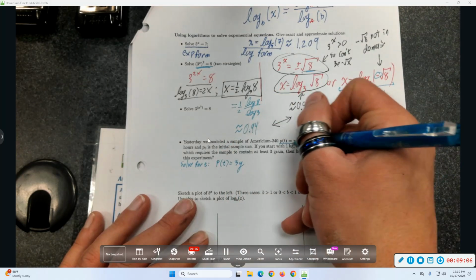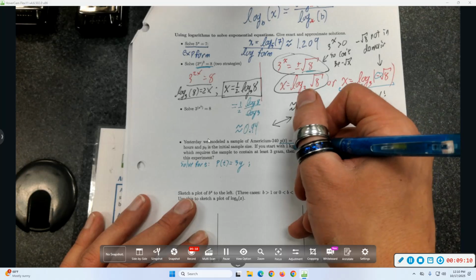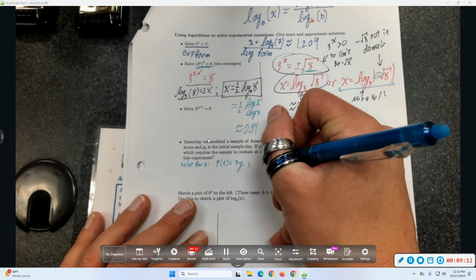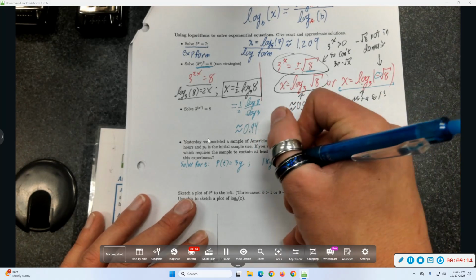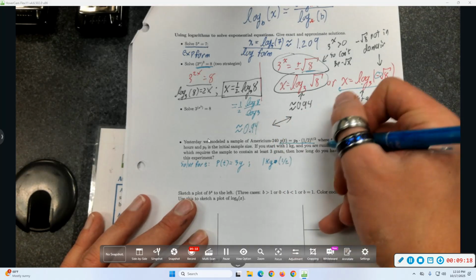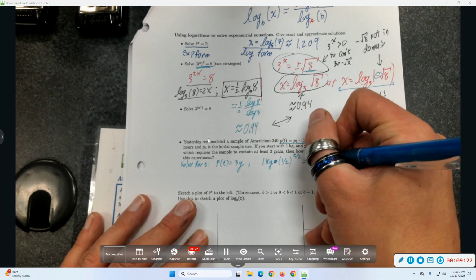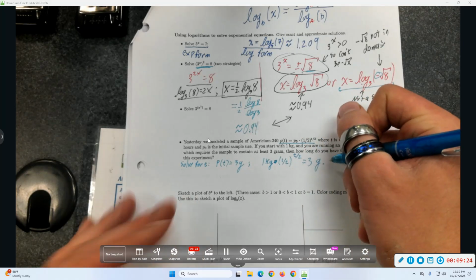Well, I have a formula for P of t. It is initial mass, which is 1 kilogram, times 1/2 to the t over 2 equals 3 grams.